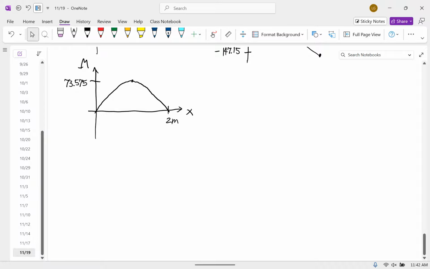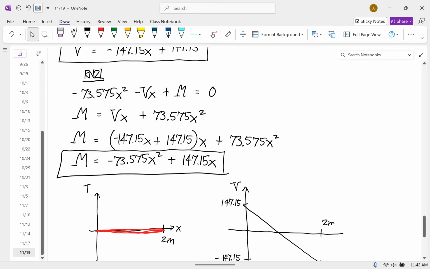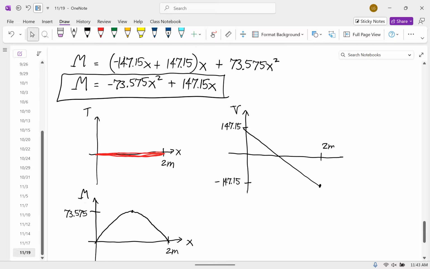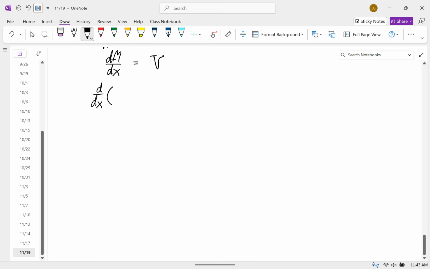Okay, so from last time, we know that dM/dx has to be equal to V. So let's check if that's true. d/dx of the M function, which is negative 73.575x squared plus 147.15x.